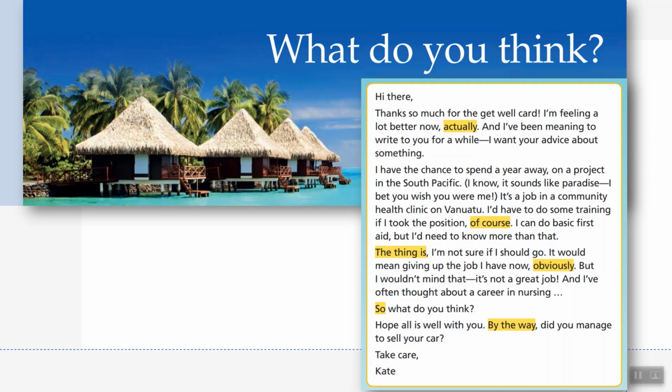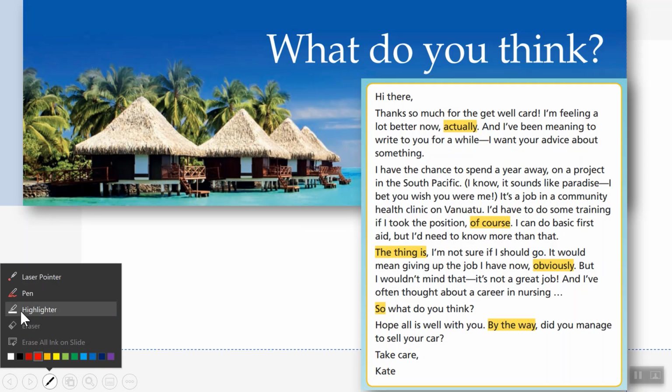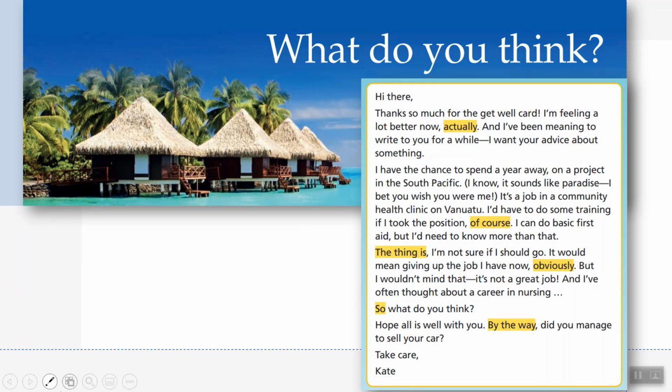Okay, guys. So in this case, the principal objective is to try to analyze how we can connect ideas especially. We can see that we have two ideas, and using, for example, actually, of course, the thing is, obviously, by the way, we are trying to connect both ideas.